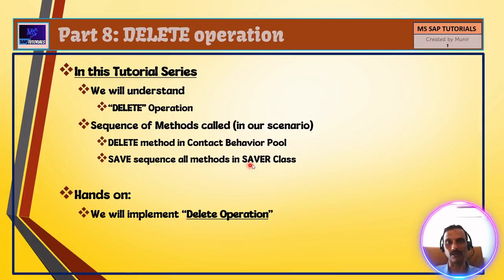Of course, we are not implementing all the logs and everything so far. So the sequence of methods that will be called would be the delete method first and then the whole save sequence. We will also try to implement this delete operation today.